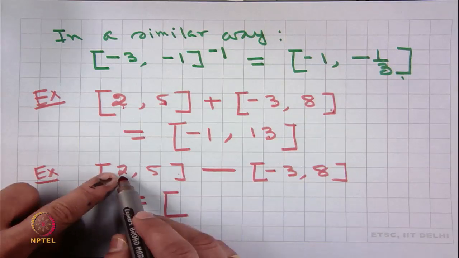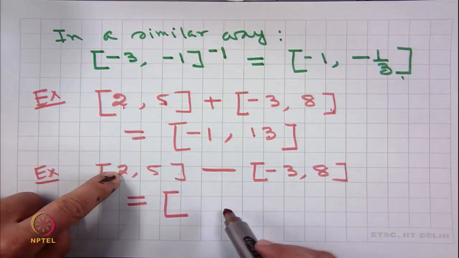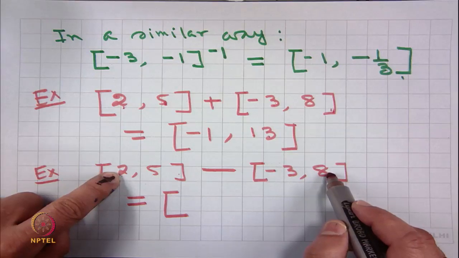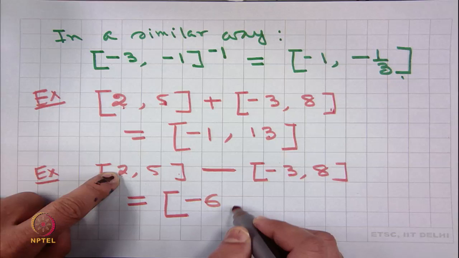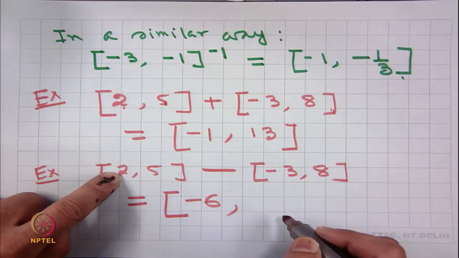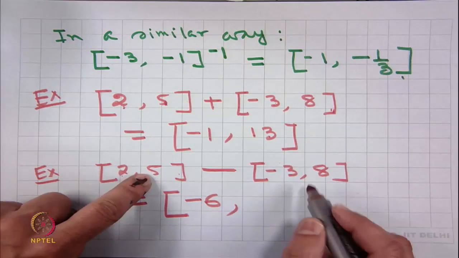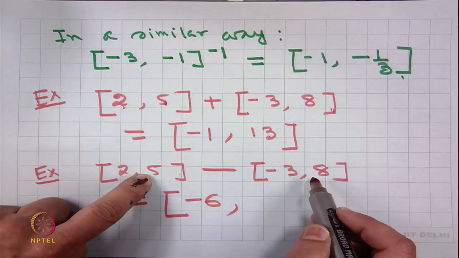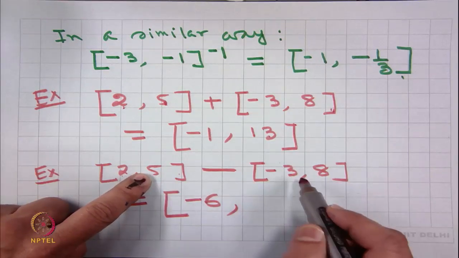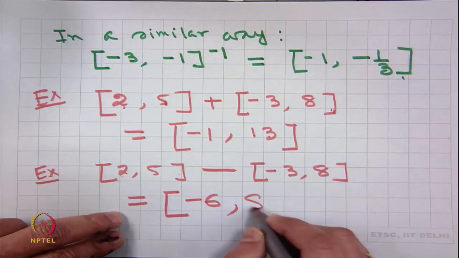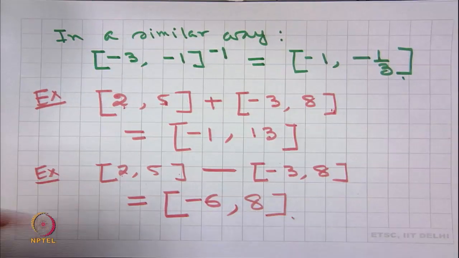That comes when this number is smallest, that is 2, and this number is the largest, that is 8. Therefore, the smallest possible value that we can get is minus 6. On the other hand, the largest possible value we can get is 5 minus 3, which is equal to 8. If we understand this, then we go to the next step.